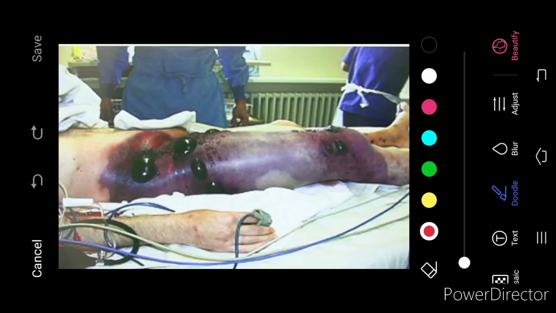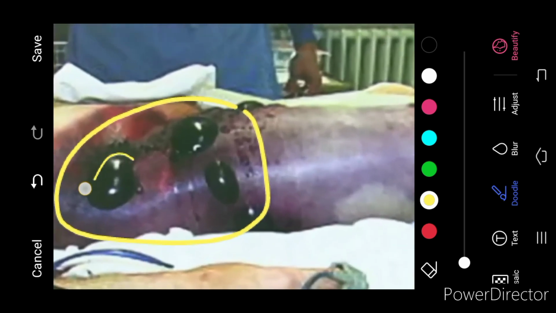So you can see this area is necrosed and Clostridia has entered in the necrotic tissue and grows there, forming the gas in the tissue. Here you can see these are the gas bubbles formed by gas forming bacteria, that is Clostridia. So you can see the gas bubbles here.